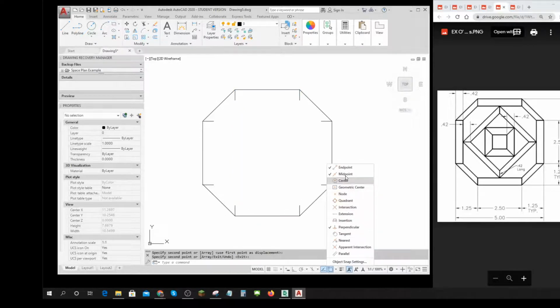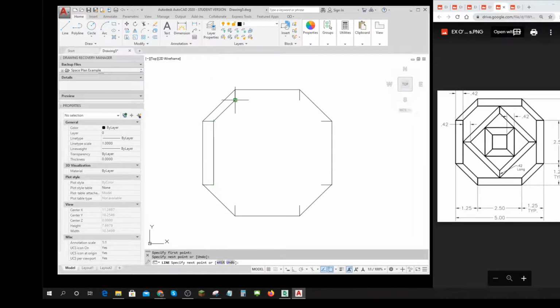I'm going to check my O snaps, midpoint. Yeah, I don't really need perpendicular. I need my endpoints though for sure. And then I need my midpoints.